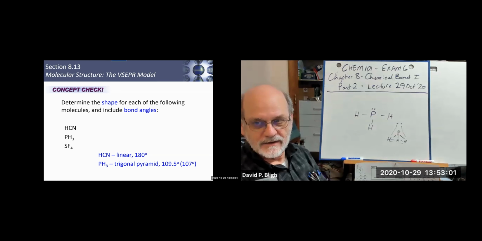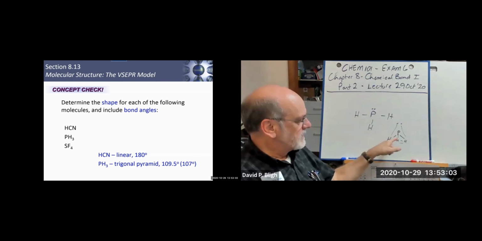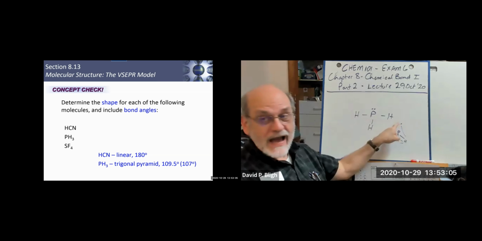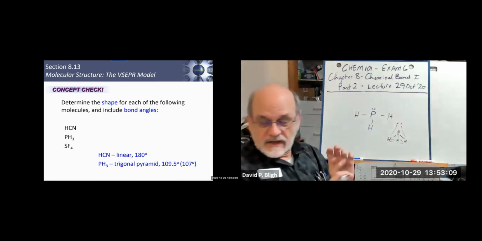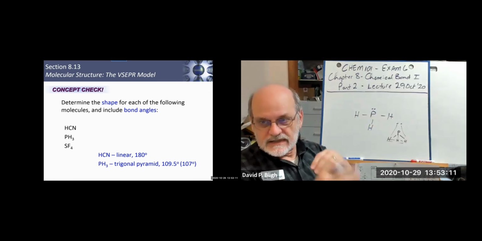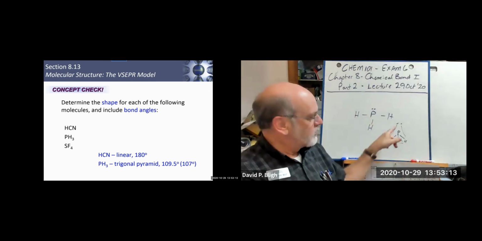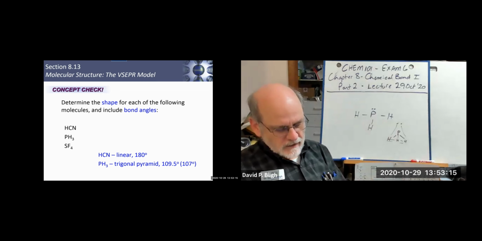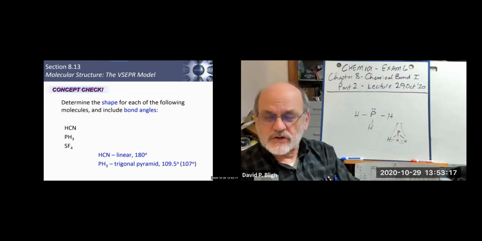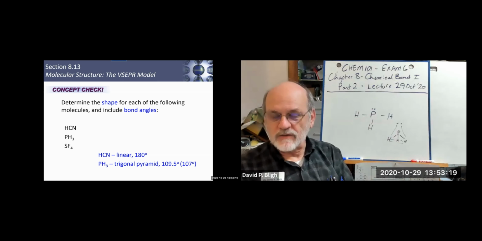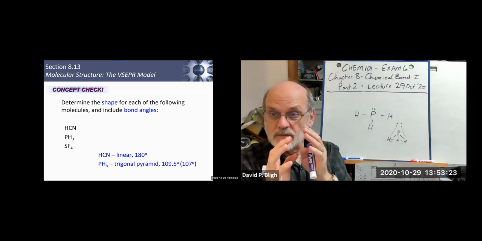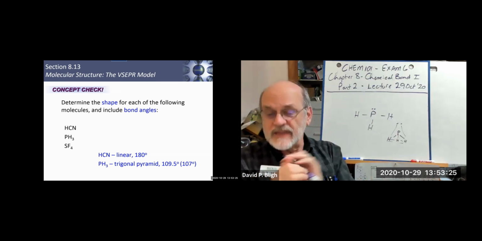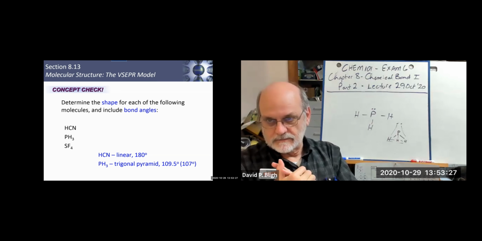Why? The reason is, if there were another hydrogen up here, yes, because the electron distribution would be equal all around. But with a lone pair, what is a lone pair? What a bond tends to do to a pair of electrons is constrain it between or near the atoms that are bonding.